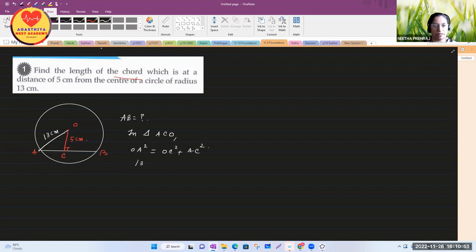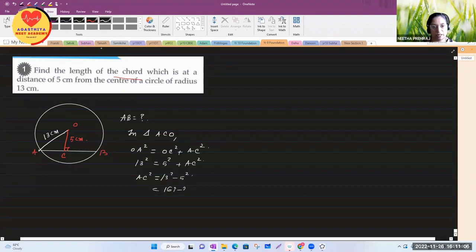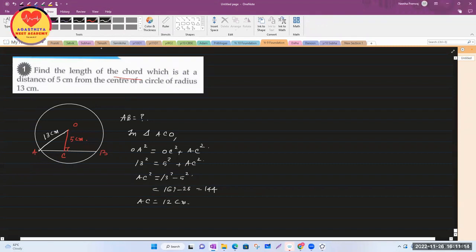This is 13 square, 5 square, AC square. So AC square is equal to 13 square minus 5 square, 169 minus 25, 144. So AC is equal to 12.